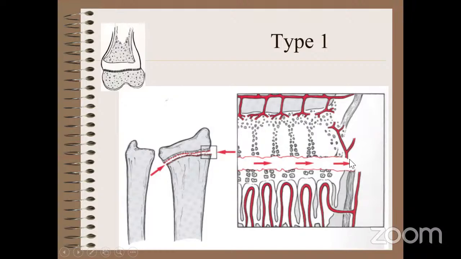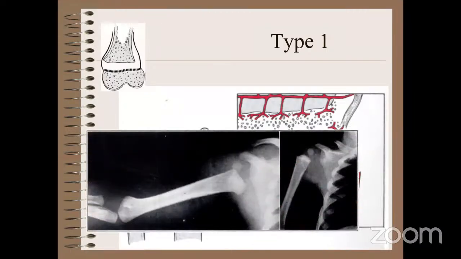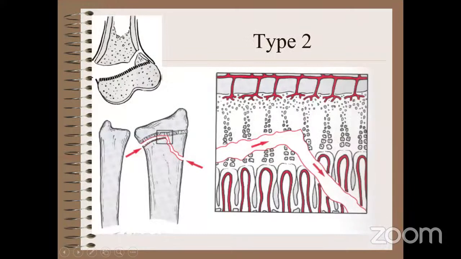There may be some injury to the perichondrial region, but most of the perichondrial injury is also well vascularized. So type 1 injury actually doesn't cause much of growth arrest. That is why if you see transphyseal separations like this, okay, in humerus, you will see that they heal very well and remodel beautifully.